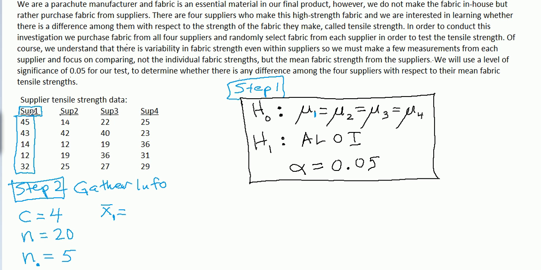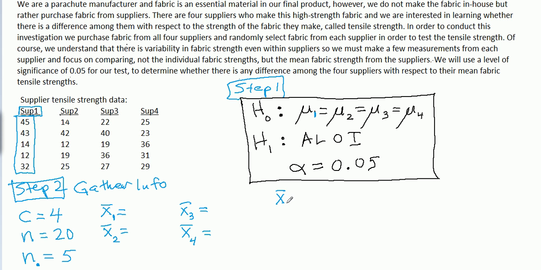So that's everything to do with supplier 1 when I use a subscript of 1. So I need to get X bar 1, X bar 2, X bar 3, X bar 4. Okay, so how do I get X bar? Well, let me do one of them with you, and then I'll give the rest of the answers, and you can pause and see how I got those results.